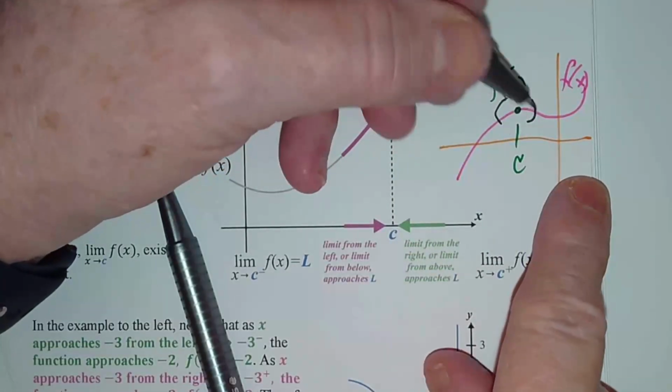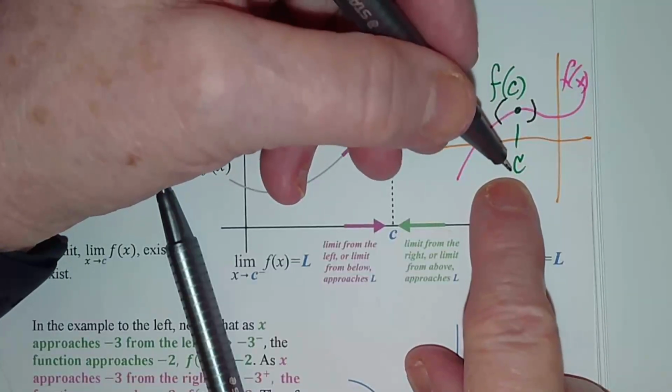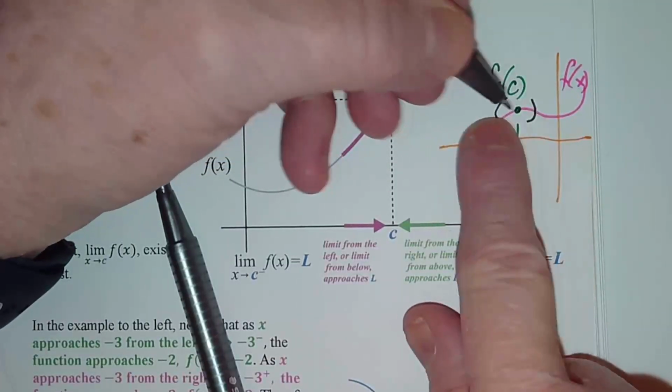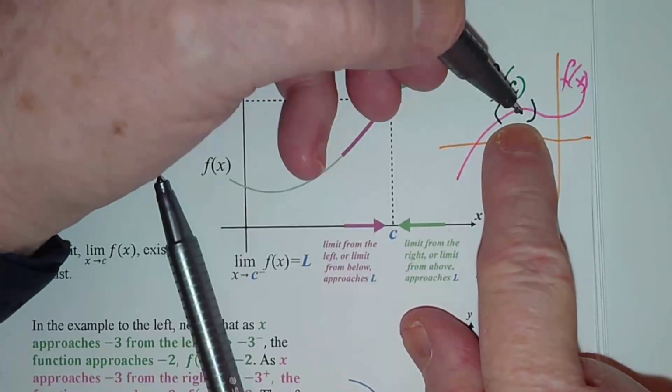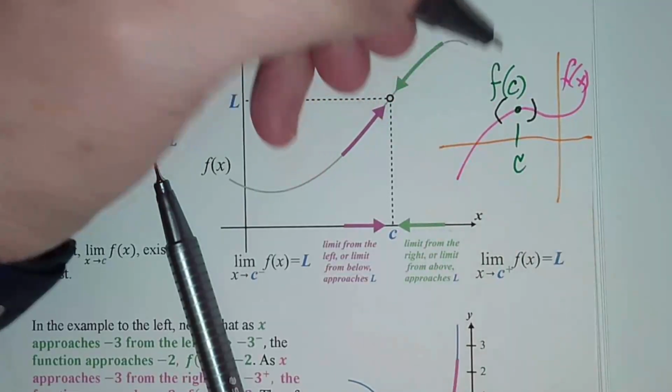And we're just looking at a close area at f of c and values of the function above that and values of the function below it.